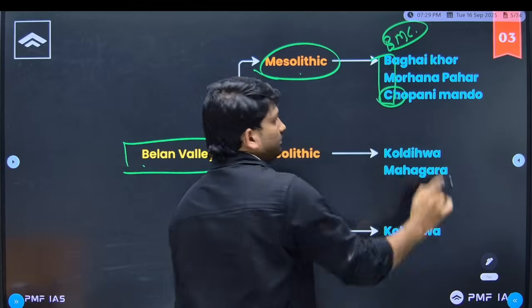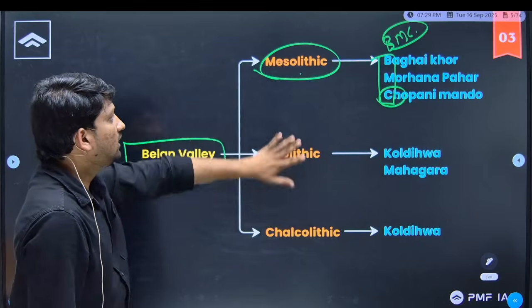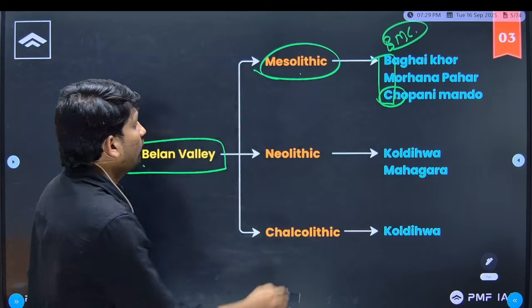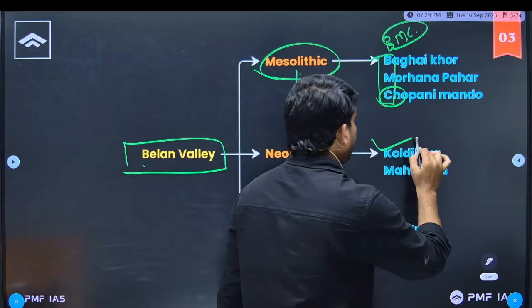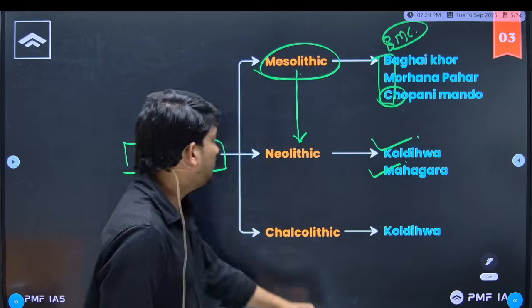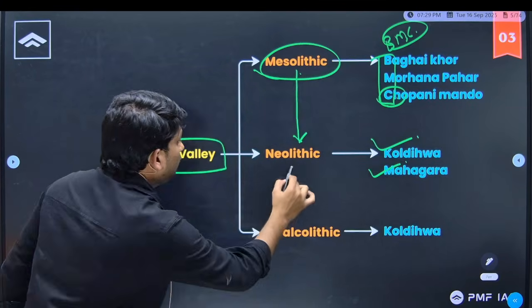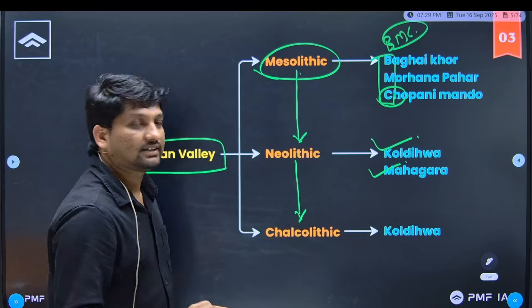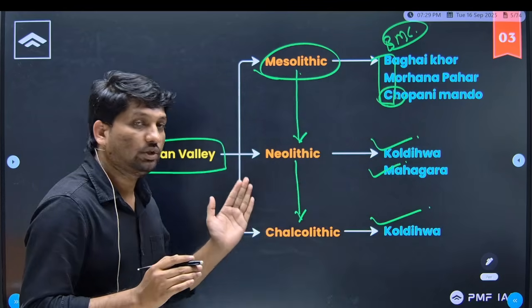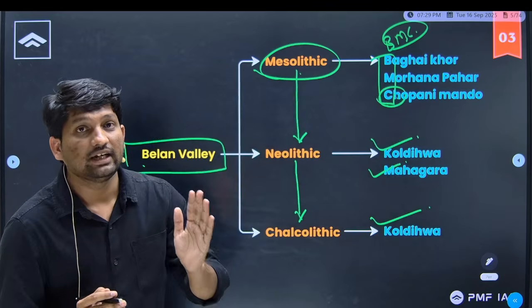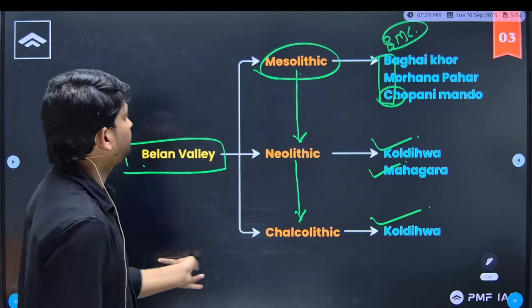Remember this C, Chopani Mando, right? After these Mesolithic sites, we have found some pure Neolithic sites like Koldiva and Mahagada. And after this Neolithic phase, we have found some Chalcolithic sites like Koldiha. So if you consider Belan Valley, Mesolithic first transitions into Neolithic, then Chalcolithic.